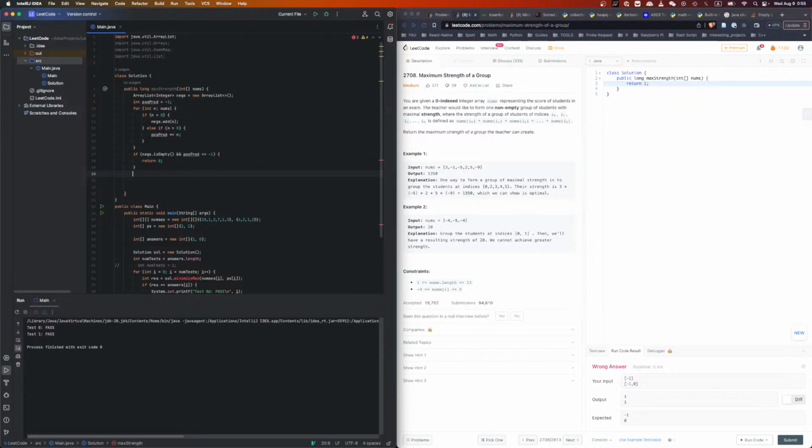Right? Then we can say positive equals minus pos. And wait, hold on. Because if positive is this, that means we don't have any positive.